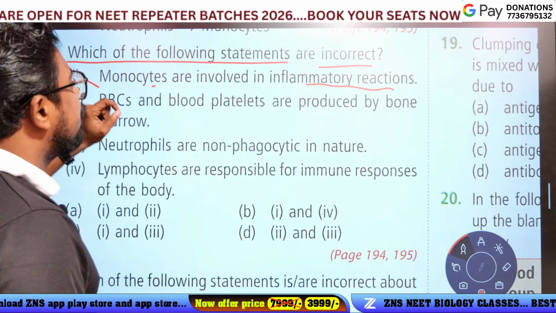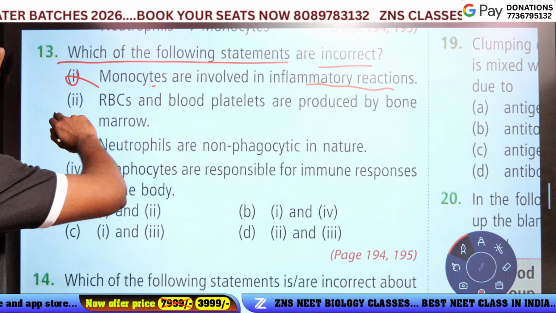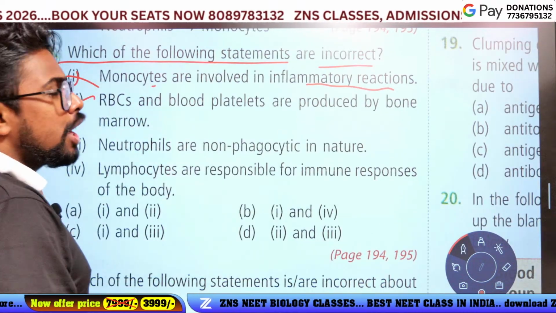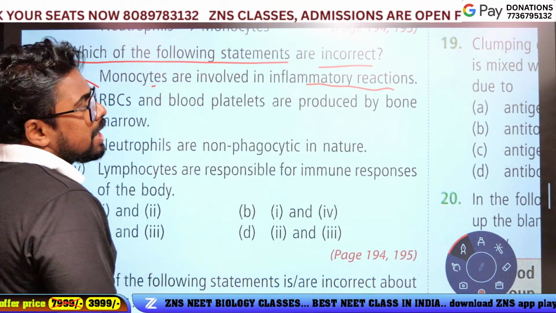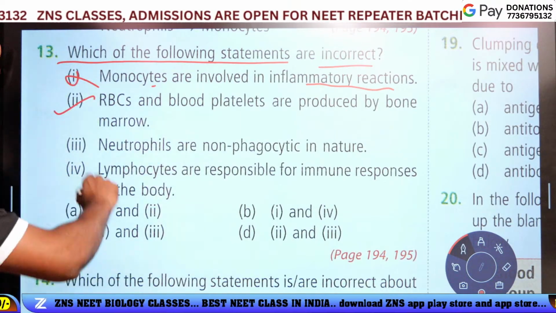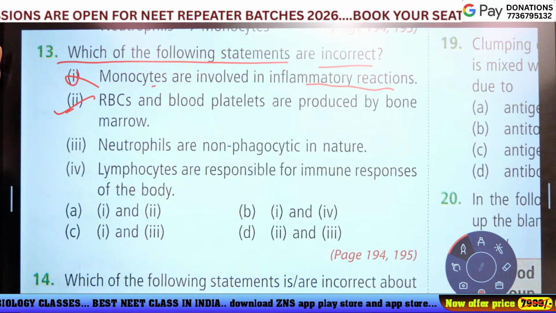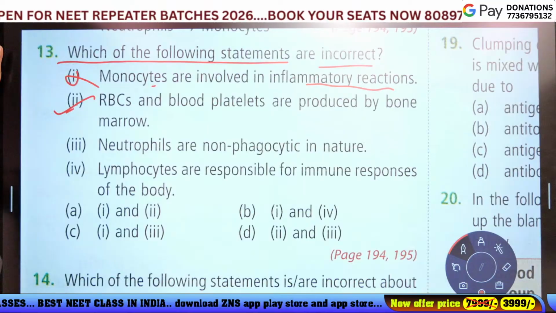RBC and blood platelets are produced by bone marrow. Yes, RBC are produced in bone marrow and platelets are produced by megakaryocytes, special cells in bone marrow. Option 2 is correct. Neutrophils are of non-phagocytic nature?